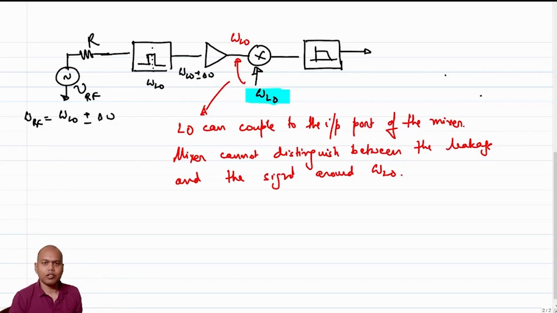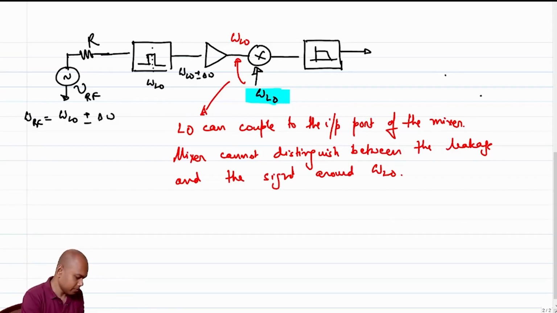So there is no way for the mixer's input to discern which one is of interest and which one is not. So what is the solution? The solution essentially is to ensure that these two signals are different, right? So omega LO remains at omega LO, but my frequency of interest at the RF port should not be around omega LO, should be around something else.